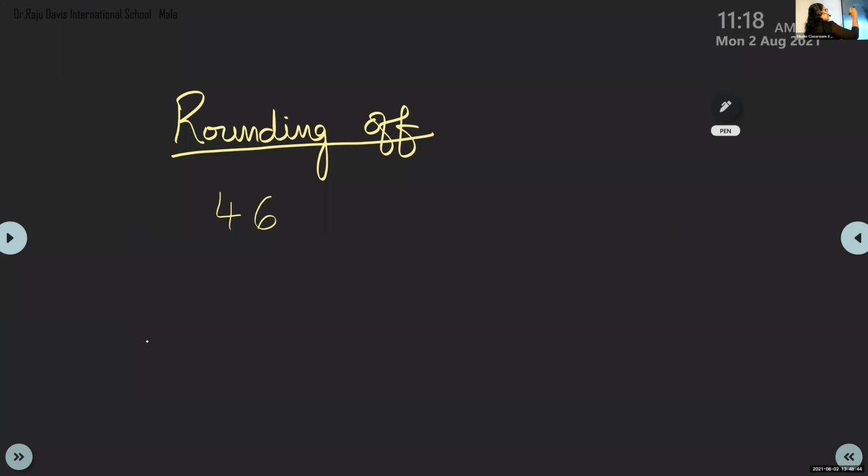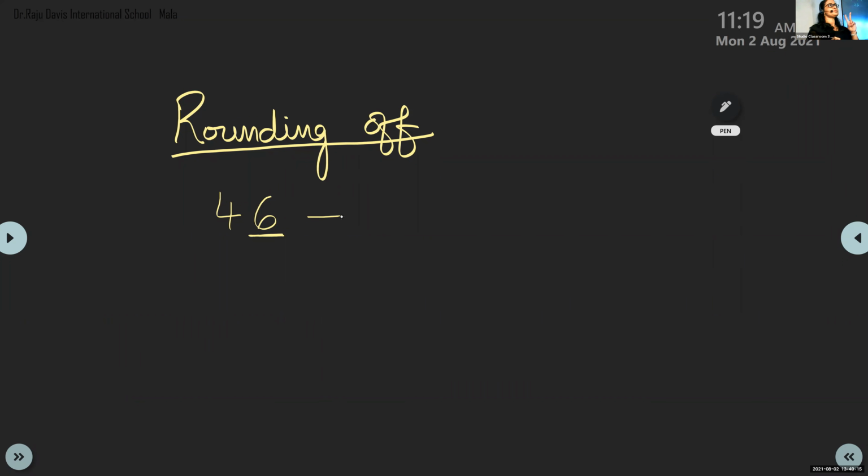When a number is given, 46, it is in between 40 and 50. But you don't know whether this 46 is near to 50 or near to 40. To find out whether it is closer to 40 or 50, what is to be done is underline the ones place and check whether the ones place is less than or equal to 5.